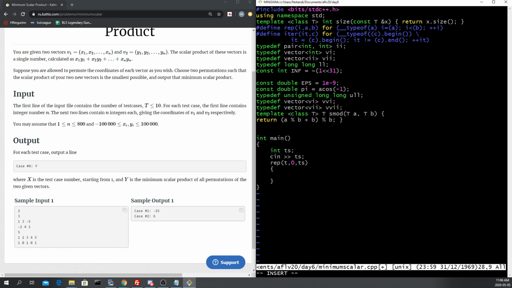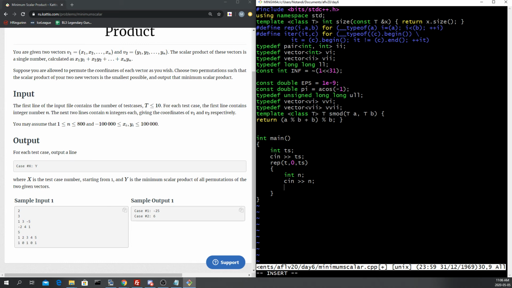Okay, so per test case we get one integer n. Next we get n integers for the vector v1 and n integers for the vector v2.